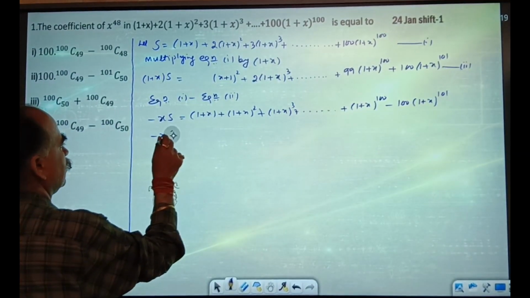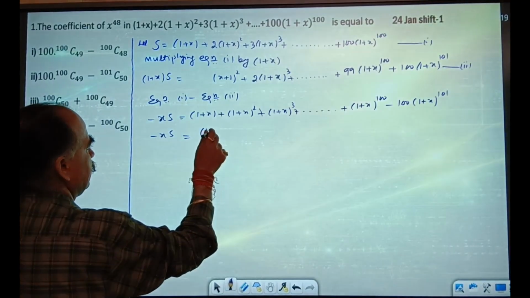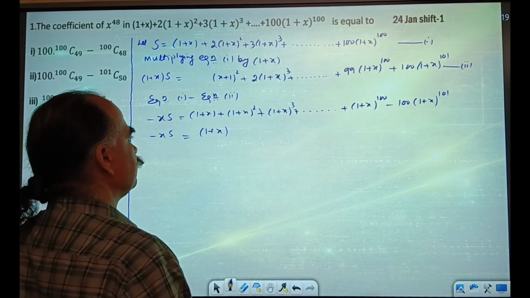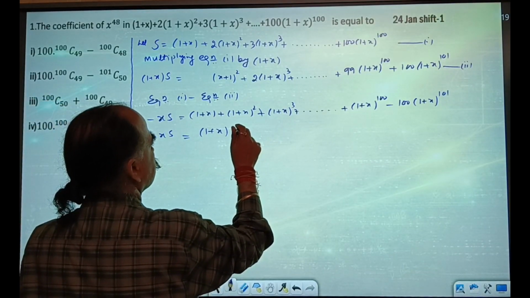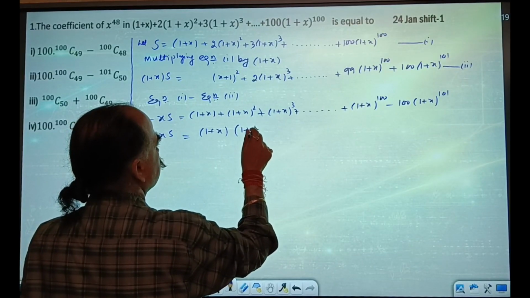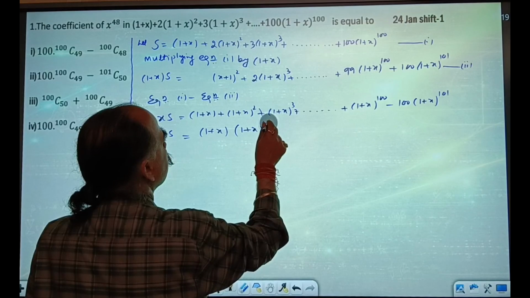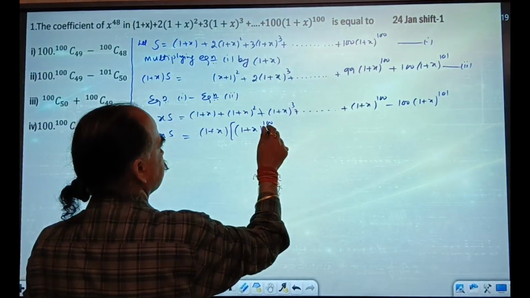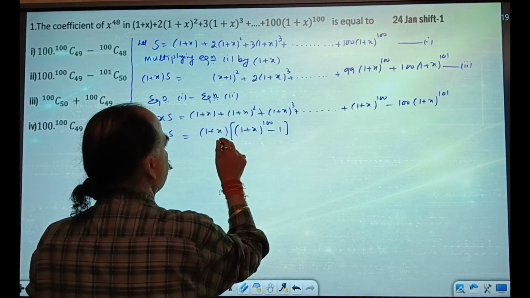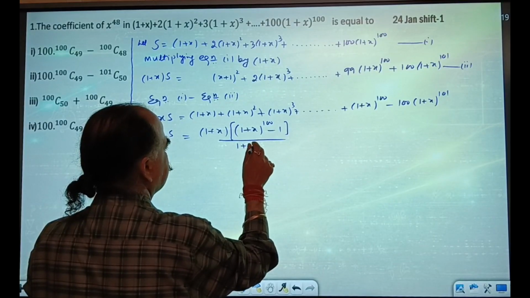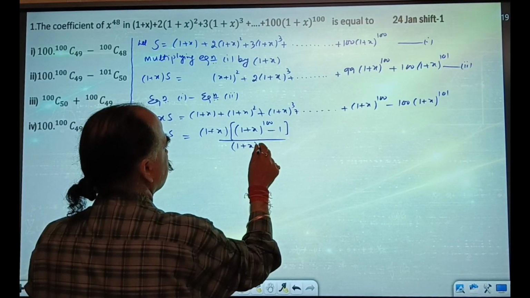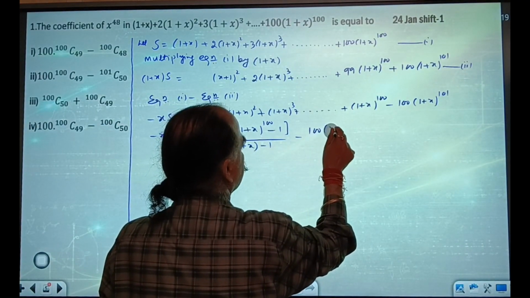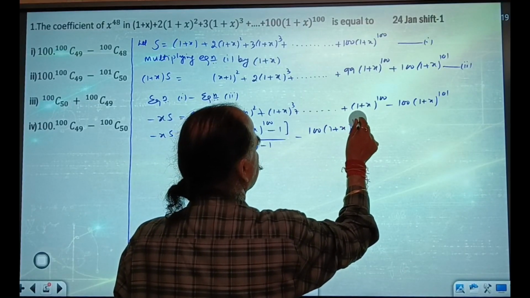So minus xS is a into r raised to n minus 1, 1 plus x raised to 100, because number of terms is 100, minus 1 upon 1 plus x minus 1, minus 100 into 1 plus x raised to 101.